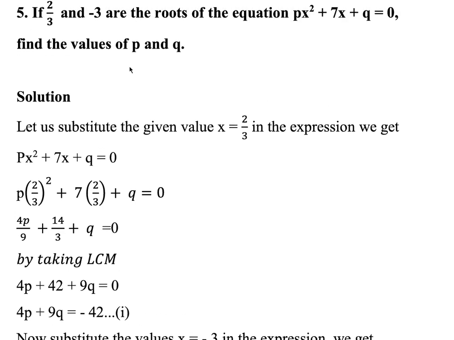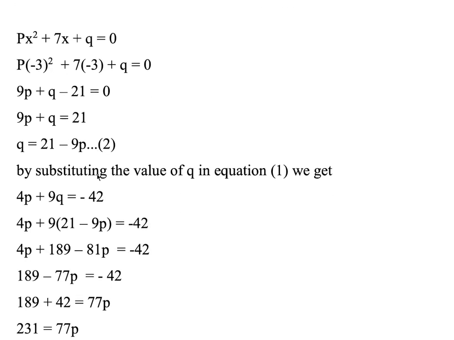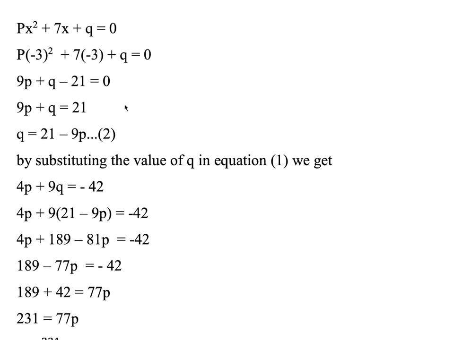After that put minus 3 in place of the x, and again with a little bit of simplification you will get q is equal to 21 minus 9p, that is equation number 2. Now substitute the value of q in equation number 1, so q is equal to 21 minus 9p.